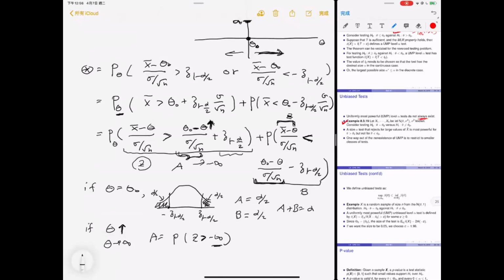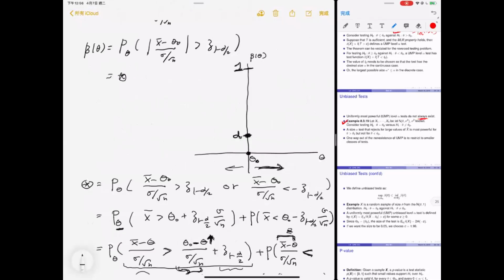Normal 0, 1 bigger than minus infinity means this is going to 1. So getting bigger, the whole likelihood function is going to become 1. That's the A part.